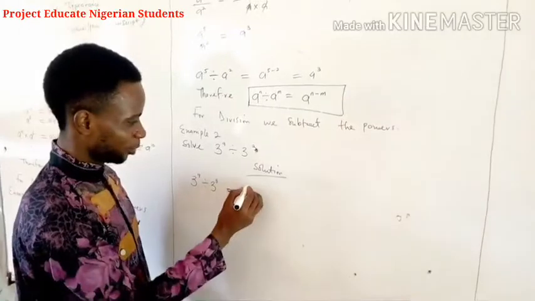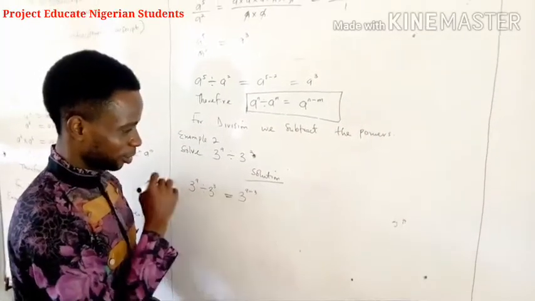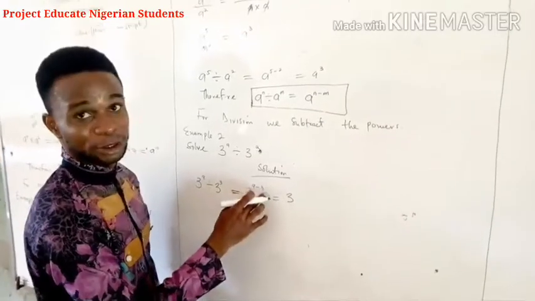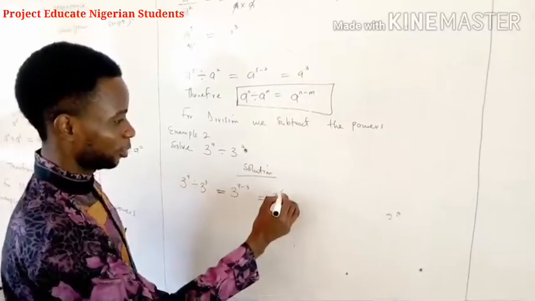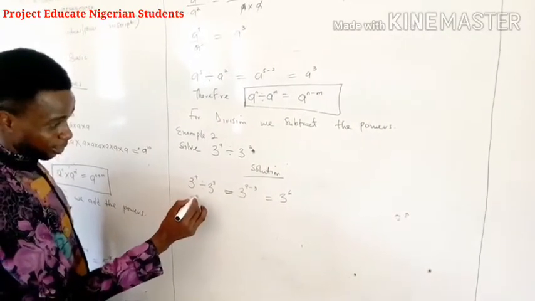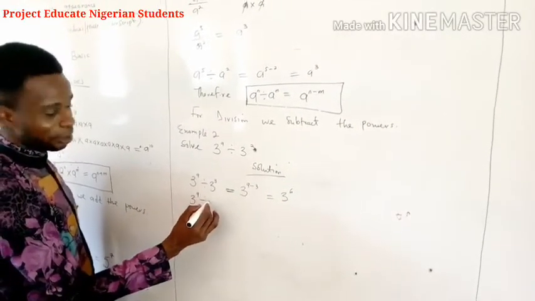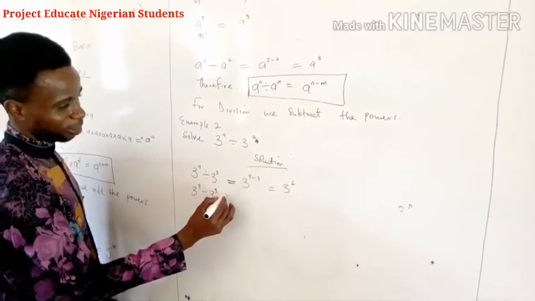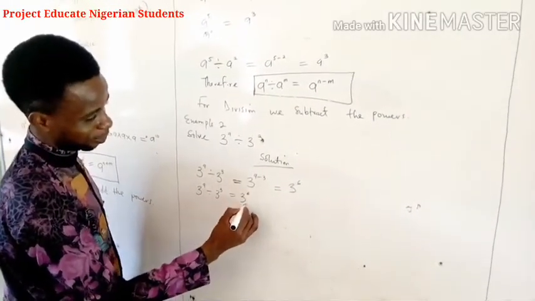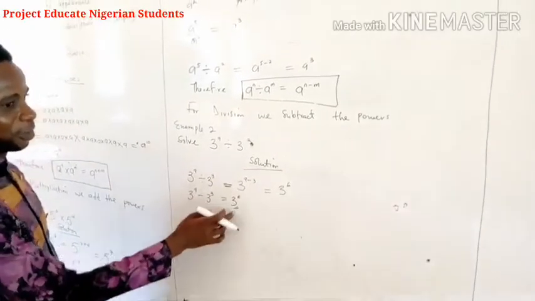Okay, so we have 9 minus 3. What is 9 minus 3? You get 6. So it means 3 raised to the power of 9 divided by 3 raised to the power of 3 is equal to 3 raised to the power of 6. So this is the solution to this.